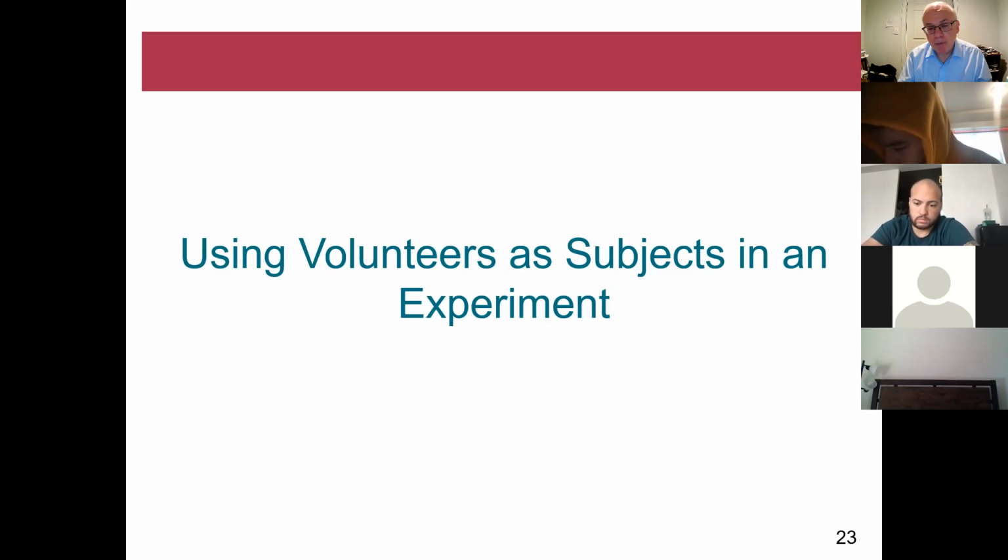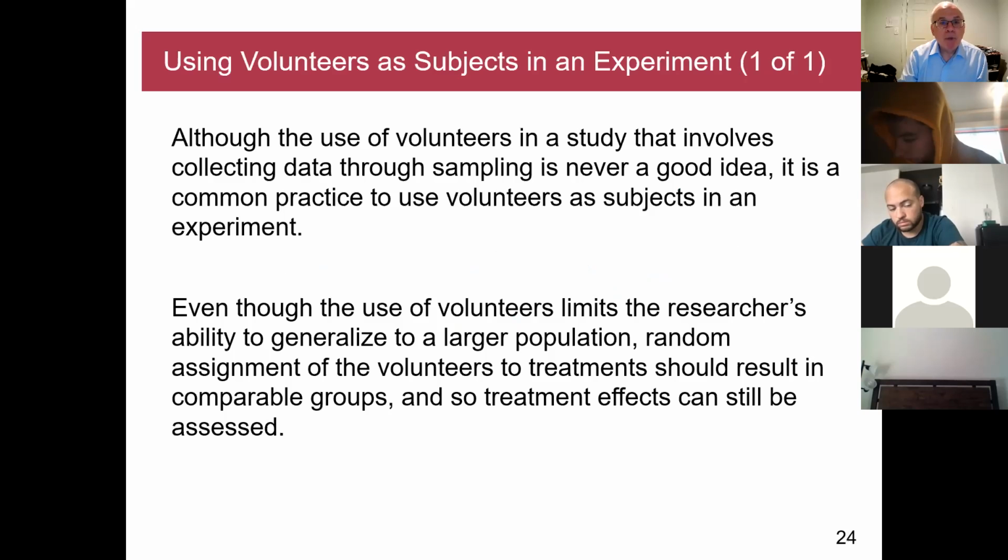If you don't do that, if you use volunteers, that's called convenience sampling, and generalization to the larger population is not possible. So that is another important concept I want to bring to your attention. Again, the use of volunteers in a study might seem like a great idea. It's never a good idea in terms of sampling because generalizing to the larger population is not possible.